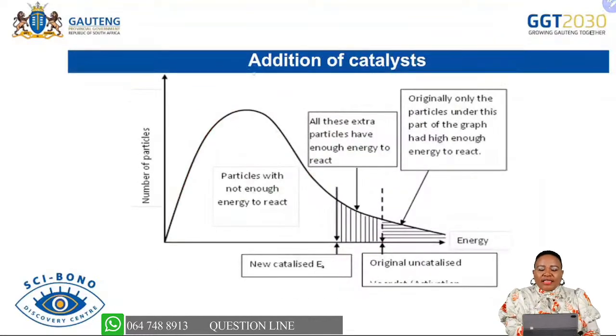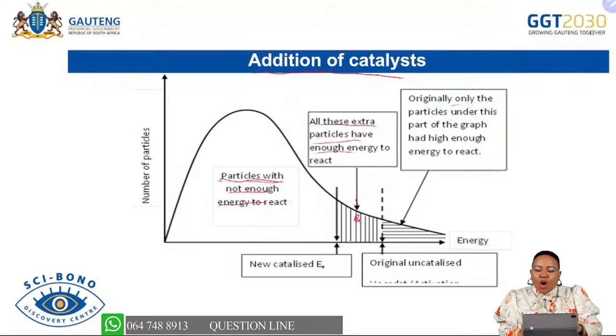Now, when you add a catalyst, we know that its function is to just provide an alternative pathway of lower activation energy. So we need to understand that when you look at this graph, you can see more particles with not enough energy to react. However, all these particles here have enough energy to react.